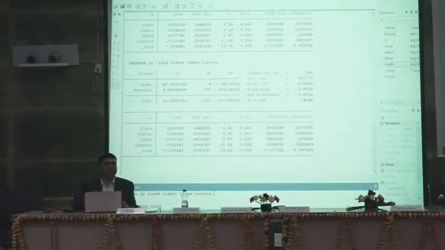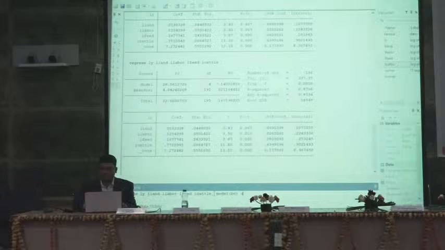Okay, the next is the model. There are two types of models, BC and TFE. BC means Battese and Coelli model, and TFE is the true fixed effect model. So you can use, say, BC.